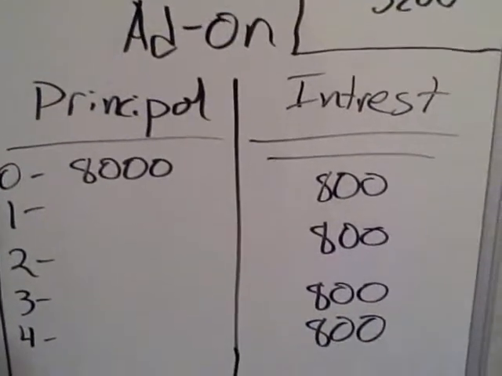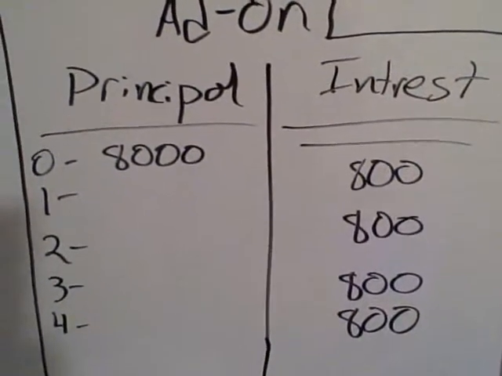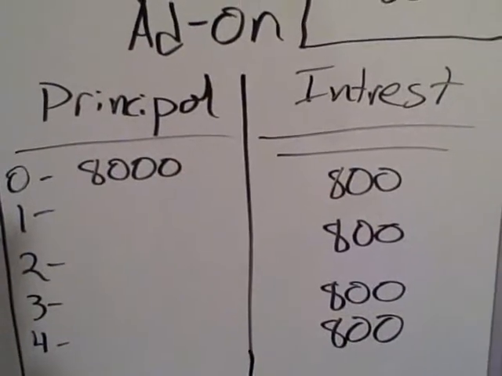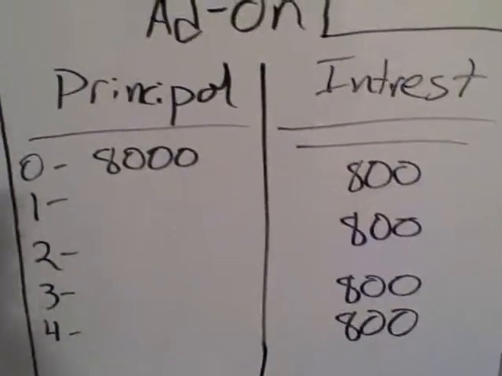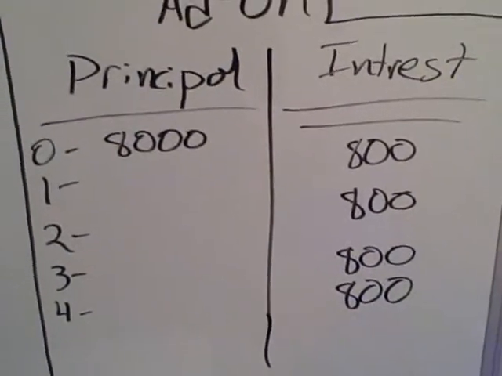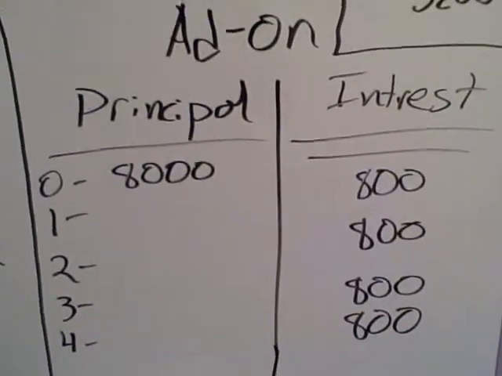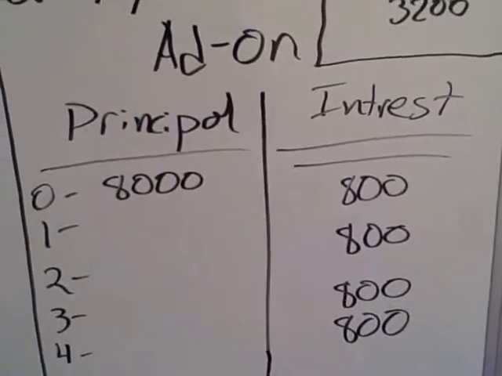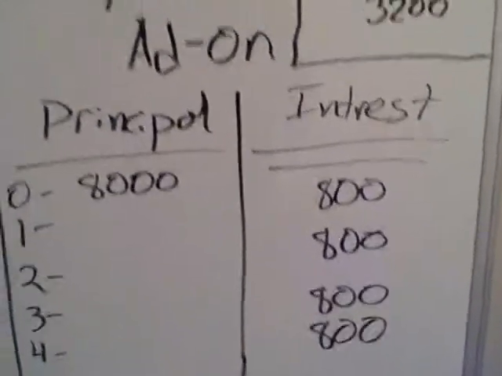So all the way to the end, you're making the same payment, and in the long run, you're actually going to be paying more interest than what they're saying. Internally, the interest that you'd pay on this loan would be something closer to 12%. And that's the internal rate, the internal interest that you're paying.